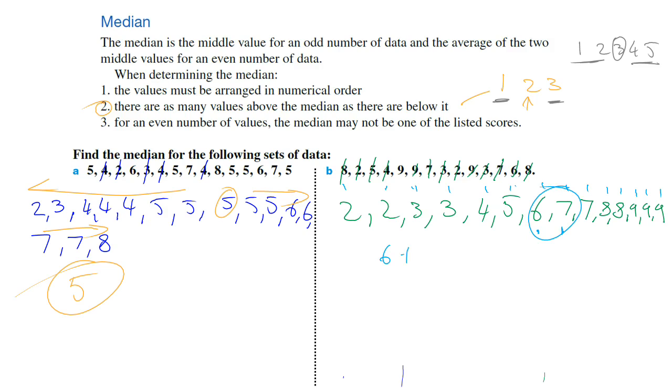We go 6 plus 7 divided by 2. That's 13 divided by 2. That equals 6.5. You write a 6.5, or as a decimal, you go 6.5. Okay, that's the process you need to do.